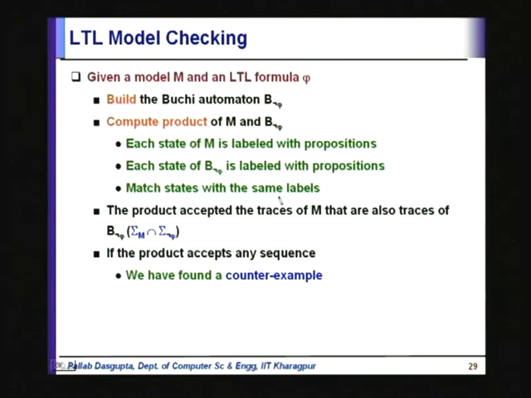We will match states with the same labels. This is the product computation. The product will be another automaton, okay, which will contain common traces between B not phi and M. If there is any trace which is common between them, then we have found a counterexample.